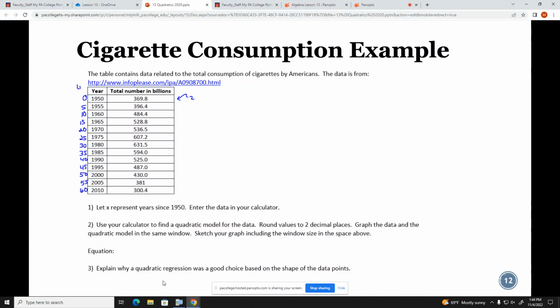So I'm going to make a very rudimentary sketch of what we have done so far. So we have graph. This is years since 1950, we went up to 60. We have 0. This was cigarettes in billions.